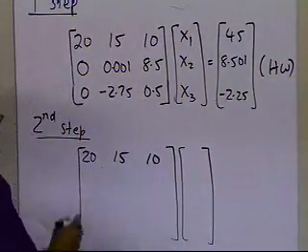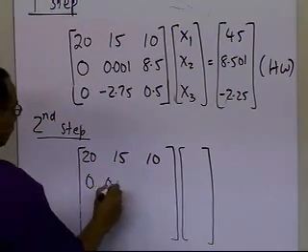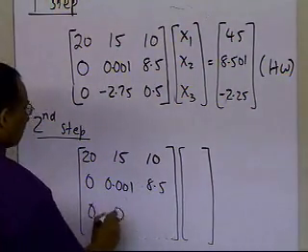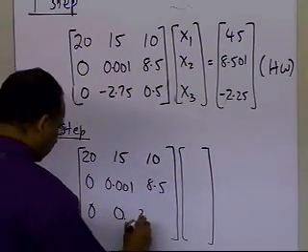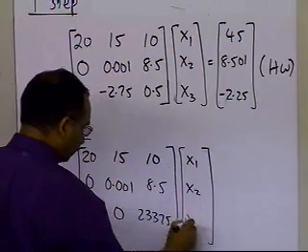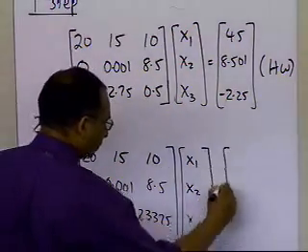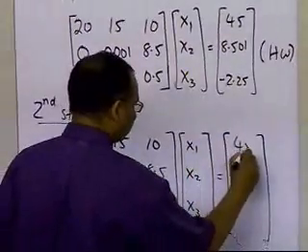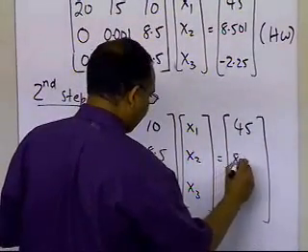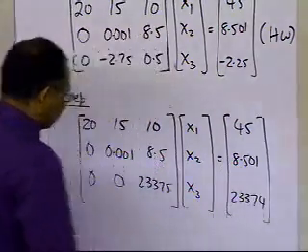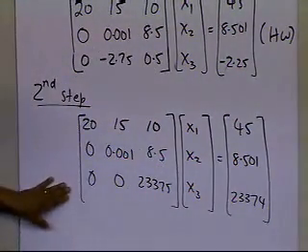Now here what we get is 0, 0.001, 8.5, then this turns out to be 0. And here I get 2, 3, 3, 7, 5. X of 1, x of 2, x of 3 is equal to 45, 8.501, and 23374. So this is what we get at the end of the second step of elimination.